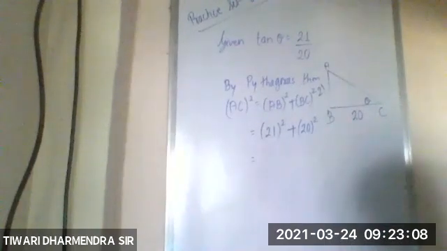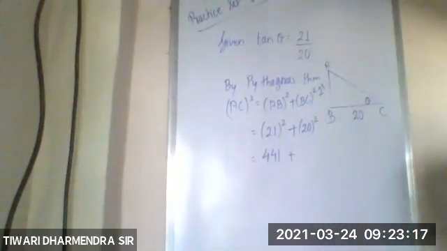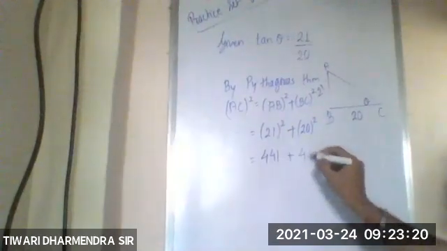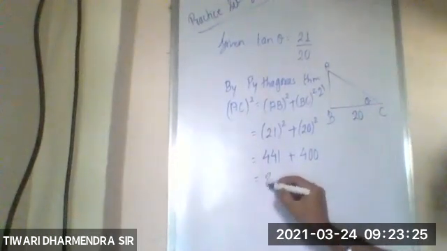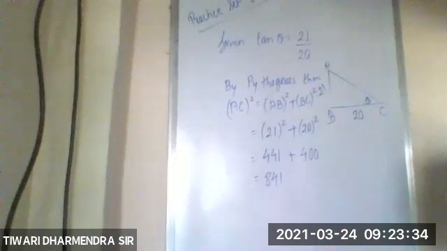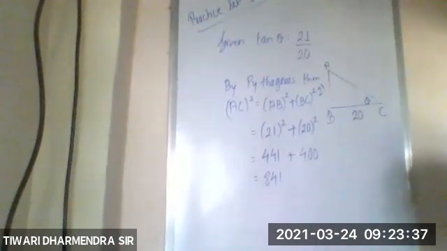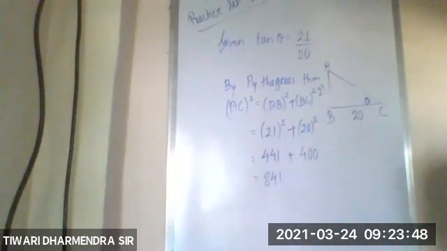Hope you all know the square of 21 is 441, plus 20 square is 400. So what do you get? Calculation is very easy. 441 plus 400 is 841.